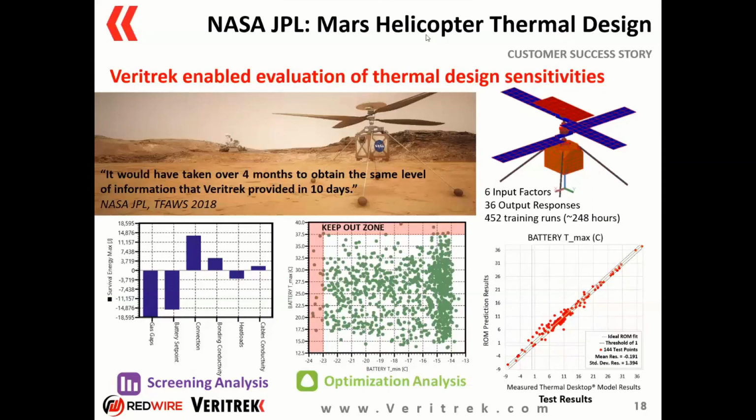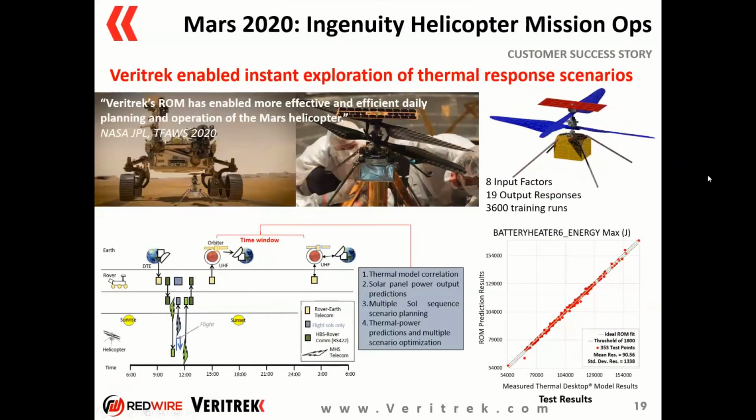Yeah, Jake, we can go to the next slide. And so we did some follow-on work with NASA JPL, again, on their Mars 2020 helicopter. As I mentioned earlier, we developed a pretty high fidelity reduced order model for mission ops. There was a very limited time window for them to get telemetry from Mars and turn that around in terms of a plan for how to operate the helicopter for the next mission.